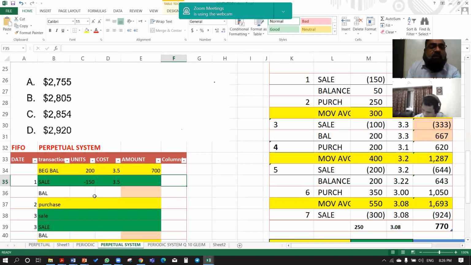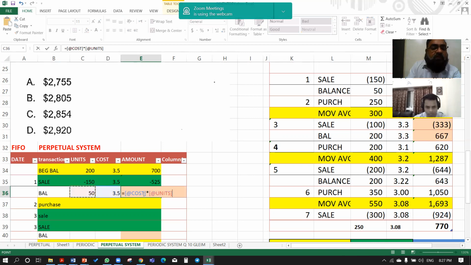So 3.5 into 150, what will it come to? 525. So minus 525, right? Then the balance will come. How many balance units are left? 50 are left, right? And the cost remains 3.5. So how much amount will it be? 175. Using the formula, 3.5 times 50, we get 175, right?